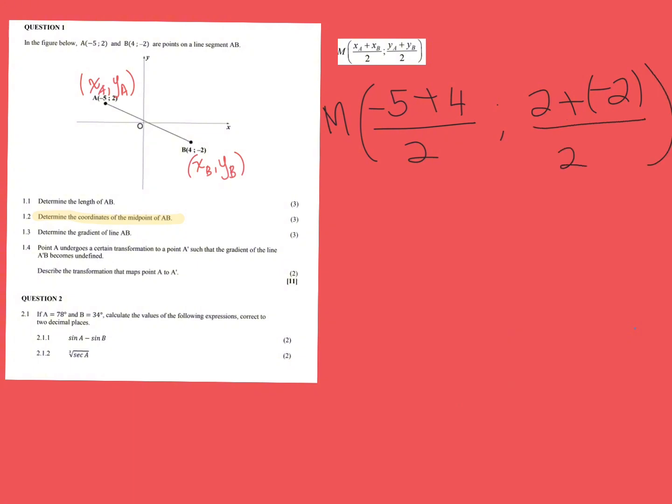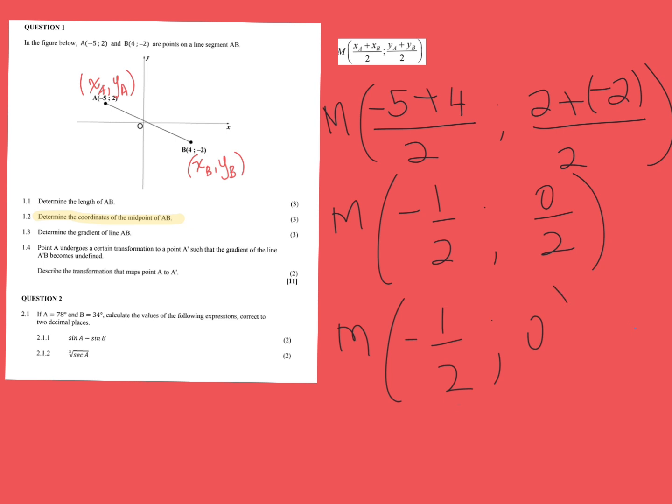And then you can just put this in your calculator and see what you get. So negative 5 plus 4, that's going to be negative 1 over 2. And then we have 2 plus negative 2, that's going to be 0. Okay, so you don't even need a calculator, I think.